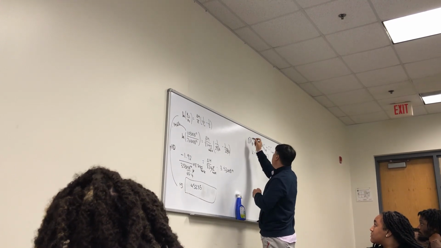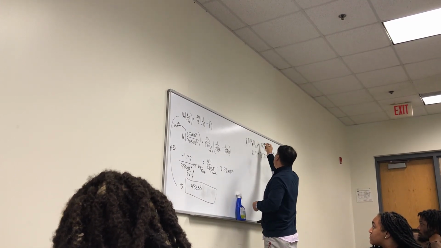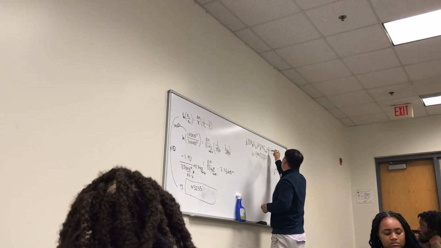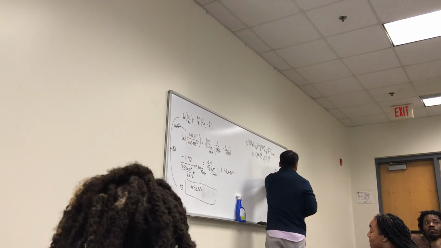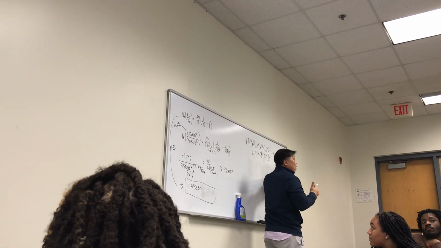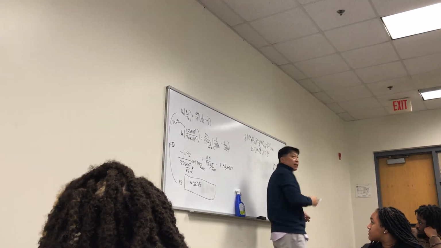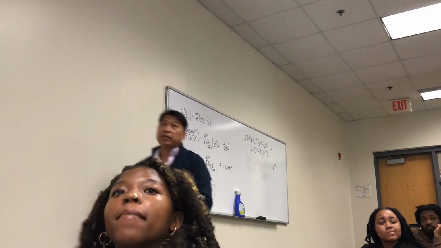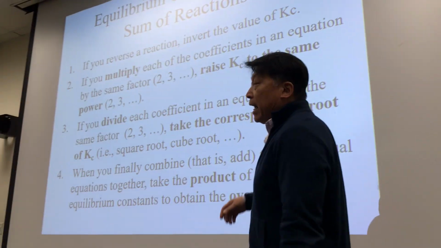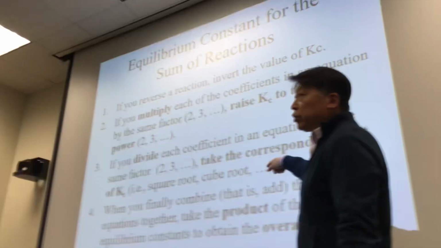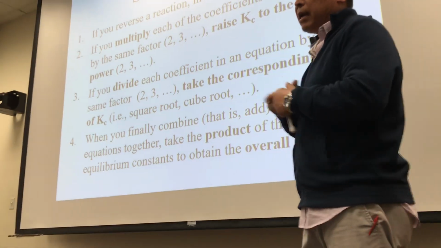When I multiply this by 1/3, this will be 1/3 power, so you're raising to the 1/3 power. That is called a reciprocal, or taking a cube root, square root, whatever. Those three rules are going to be applied when you combine equilibria.